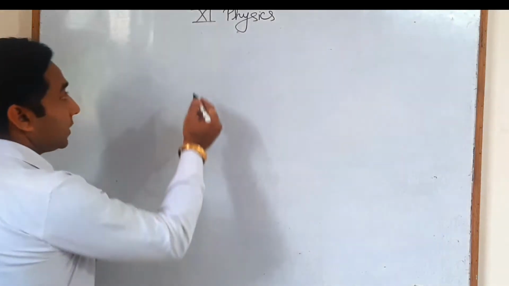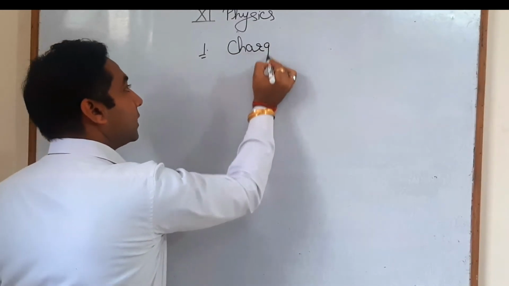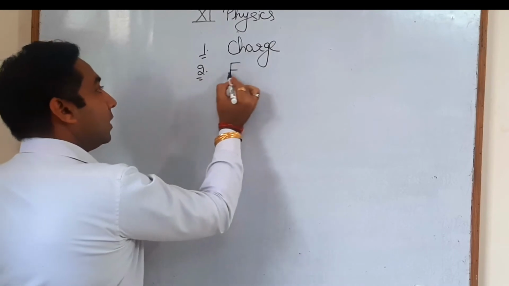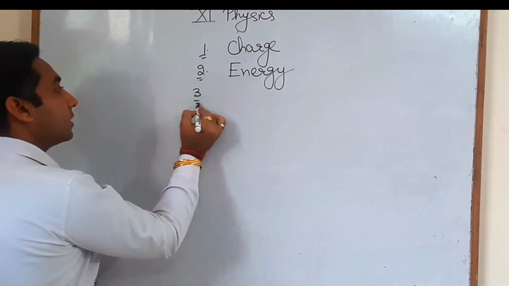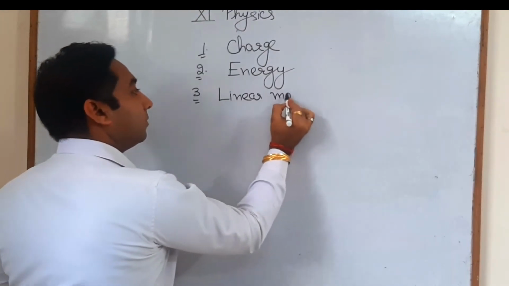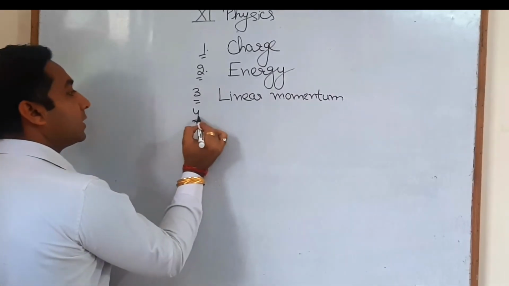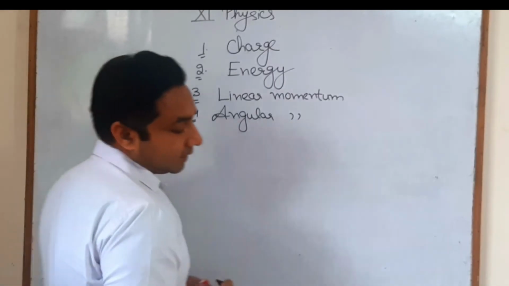The first is charge. The second is energy. The third is linear momentum. And the fourth one is angular momentum.